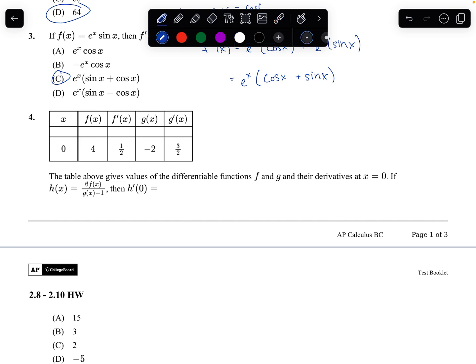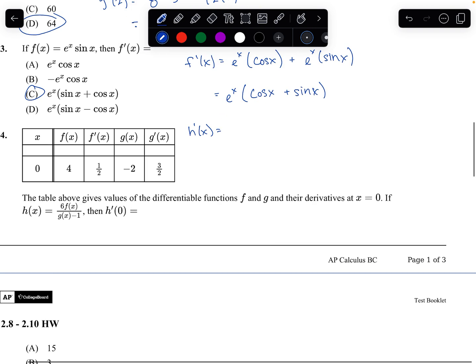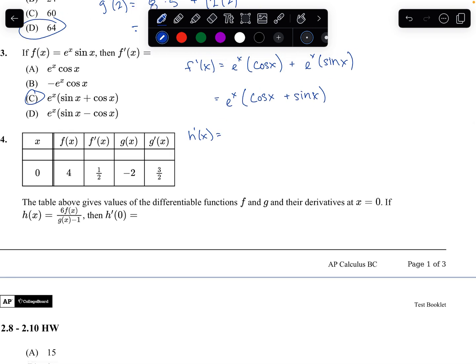So let's find h prime of x. And the quotient rule, if you remember that silly rhyme that I gave in class: h prime of x is low, which is g of x minus 1, d high, so the derivative of the top would be 6f prime of x.